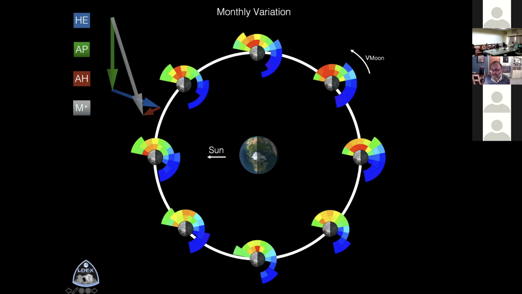So when the moon is rushing towards the incoming stream, the dust density is enhanced. When it's running away on the left side, the dust density is going down. So it's kind of a beautiful piece of physics that we see in the dust cloud density. We record also the orbital motion of the moon around the Earth as the Earth-Moon system goes together around the sun.